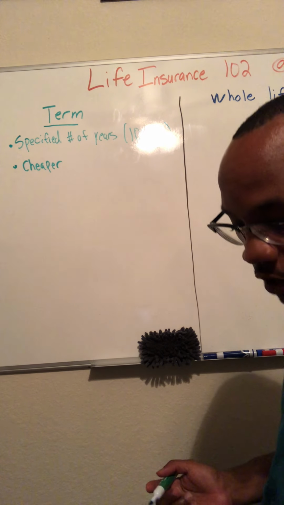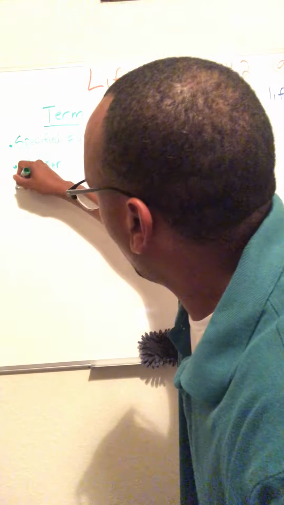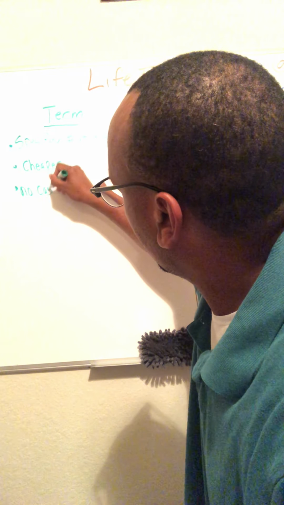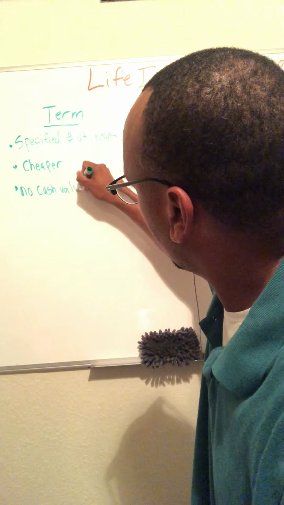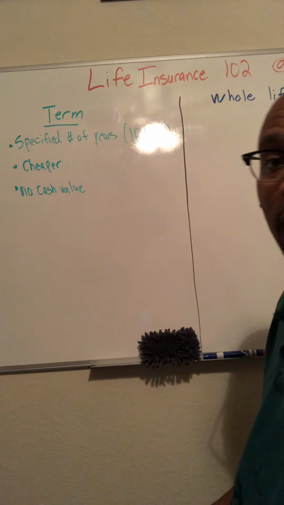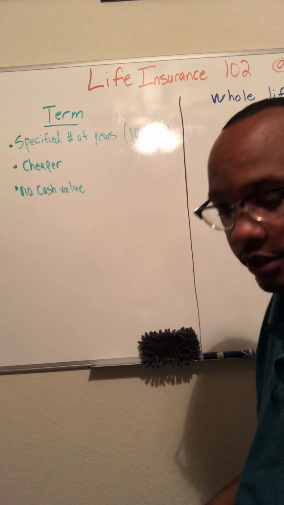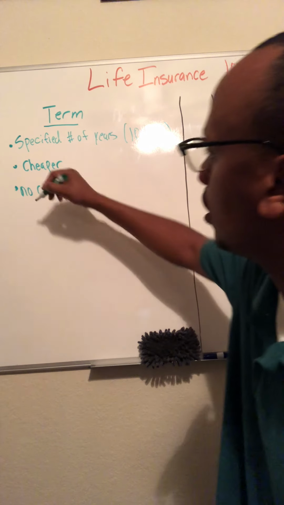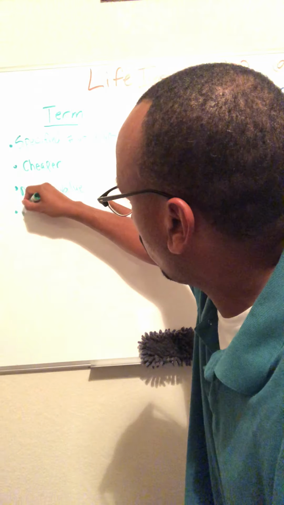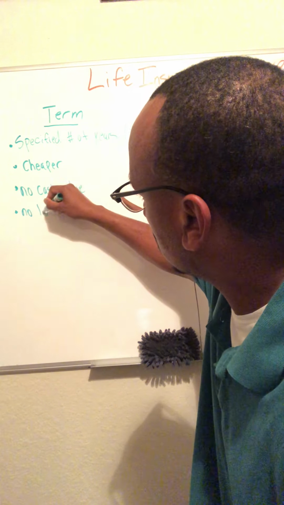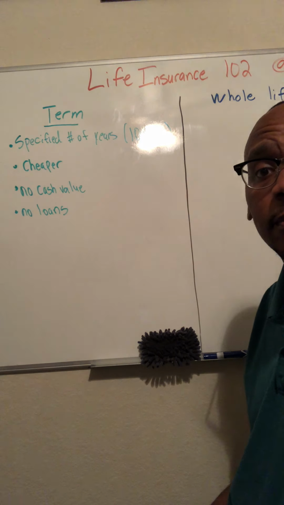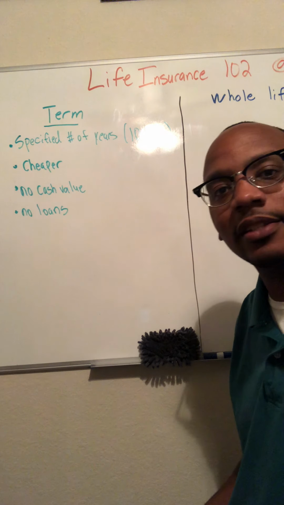As far as cash value though, there's no cash value in term life insurance, right? And since there is no cash value, there's also no loans in a term life policy, so you can't borrow against it, things like that.